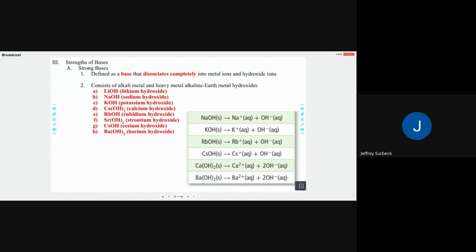And again, the only way that you will know these is memorize the strong base list. Notice all of them have OH hydroxide. They all have to have that hydroxide ion to be considered a strong base. Okay, so memorize this list. Star, highlight, underline, do what you need to do there.